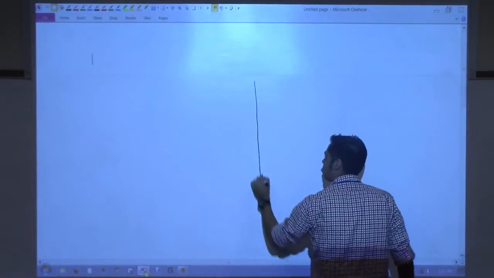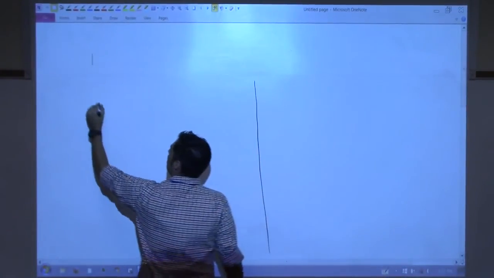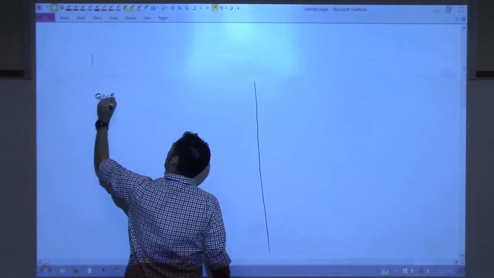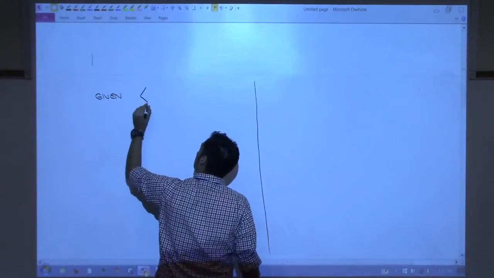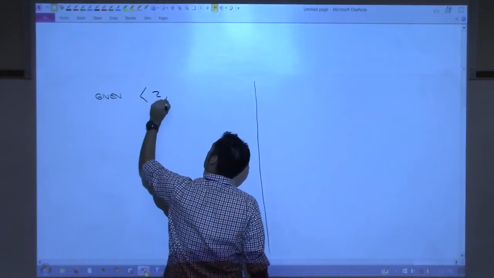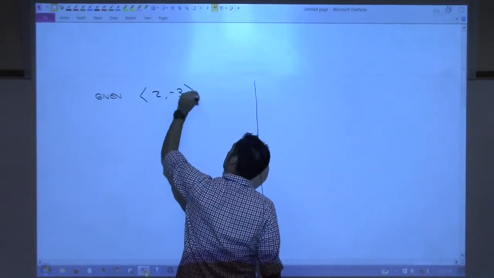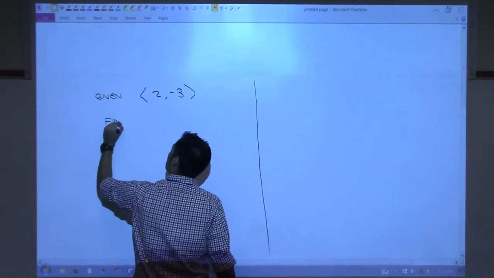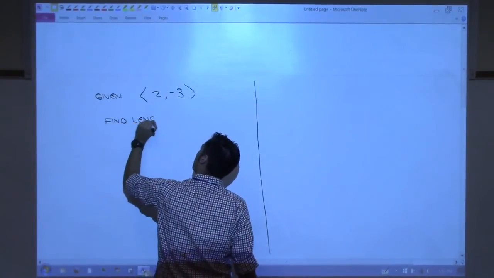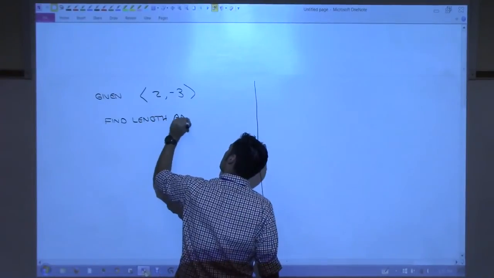Okay, so I'm going to do split screen here. You're given the vector 2, negative 3. Find the length and the direction.